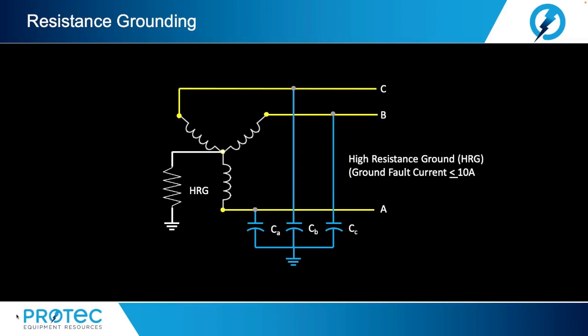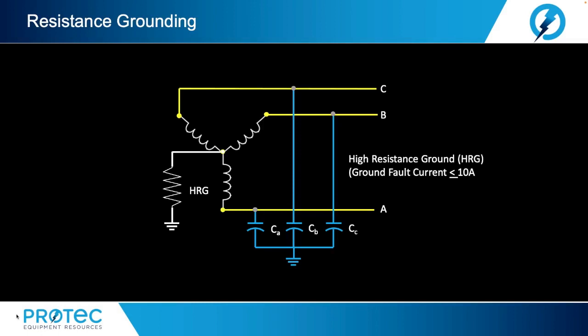The resistance is chosen such that its magnitude is less than the magnitude of the system charging capacitance. That means it is set up so that the charging current will be less than the ground return current through the neutral resistor. A 480 volt line-to-line system will usually have charging currents of up to 2 amps.